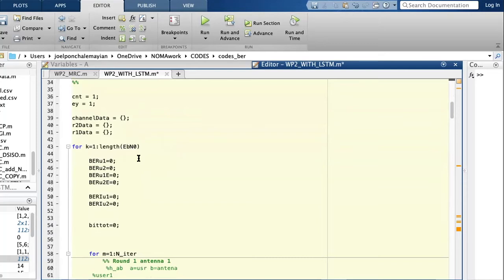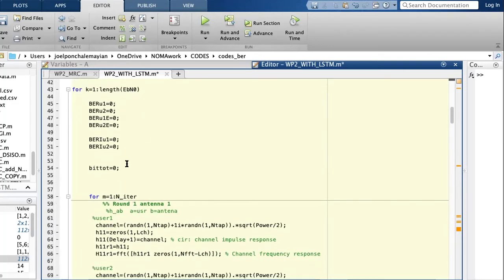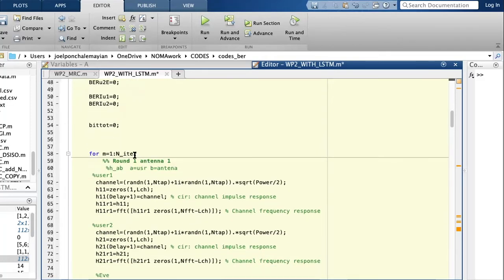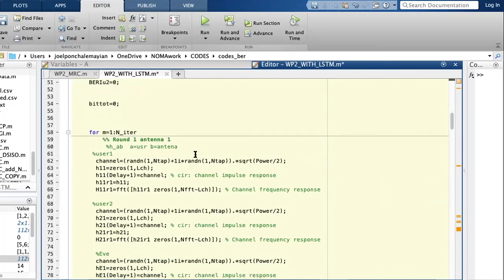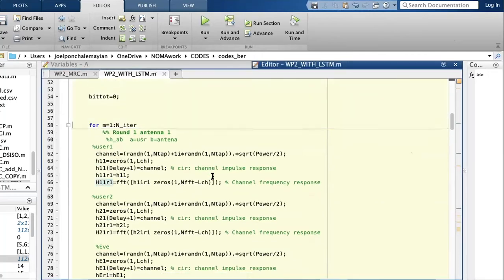For every single SNR, you need to transmit this number of signals. And for every transmission that you're going to make, you will need to determine this H. You need to find all these channels that you're going to transmit through. So this is what is happening here.